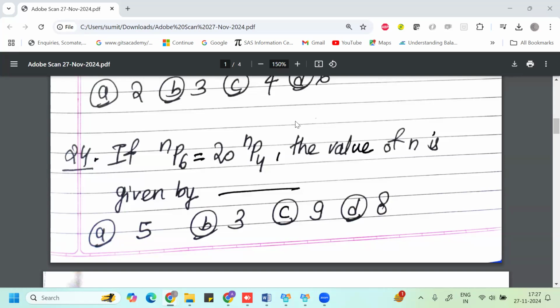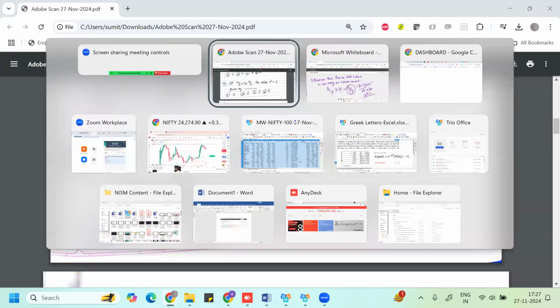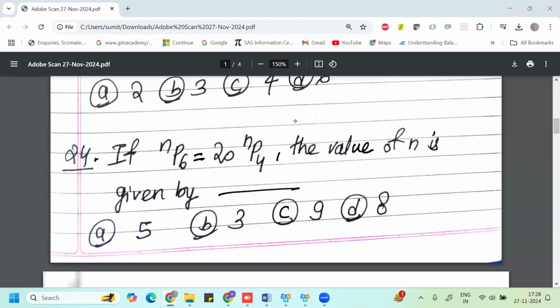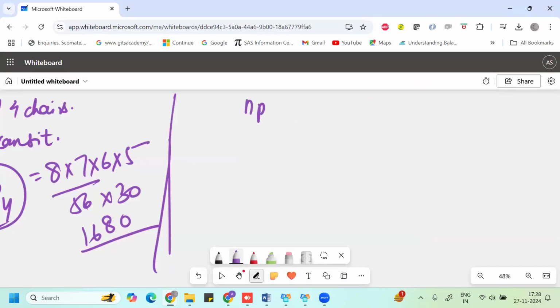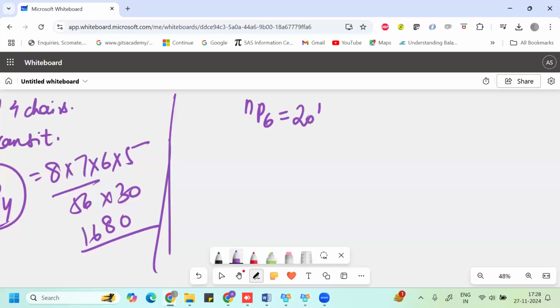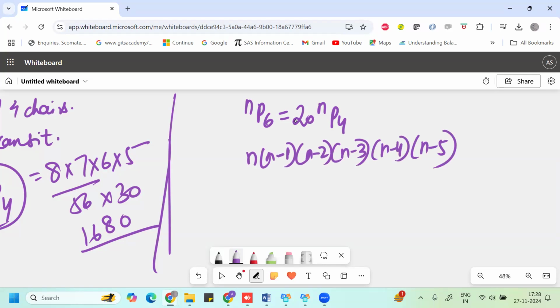If you want the manual way, I can show you, but just for your basic knowledge. nP6 is equal to 20 times nP4. So nP6 means n into n minus 1 into n minus 2 into n minus 3 into n minus 4 into n minus 5. This I have taught you.